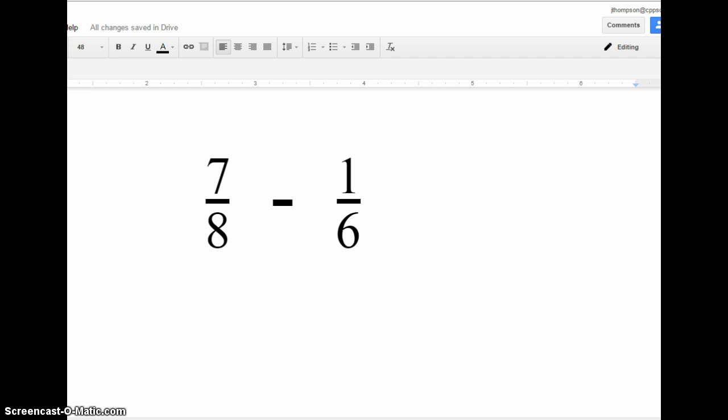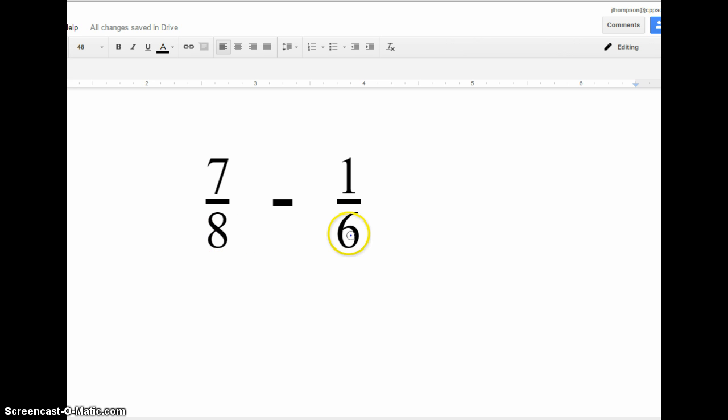So the way I can do this, I could multiply these two numbers together. I could take 8 times 6 gives me 48. That will definitely work. I could convert this into 48ths and find an equivalent fraction here that's in 48ths. But there's a more elegant, or more efficient way.